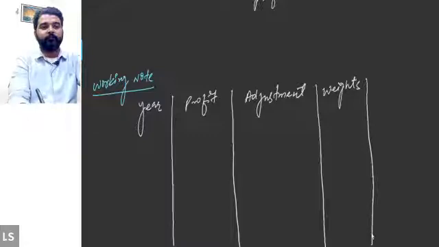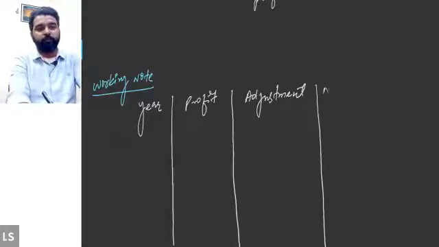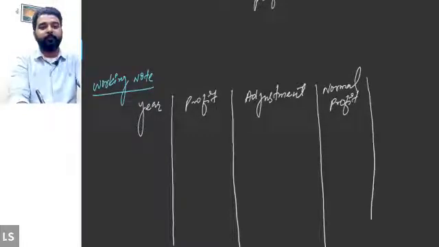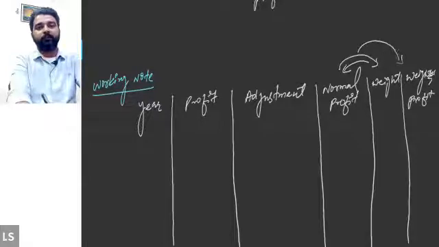And then finally, just a minute, I guess I have missed one column. After doing the adjustment, we will find out the normal profit, and this normal profit will then be multiplied with the weights given in the question. Multiplying the normal profit with the weight, we will get the weighted profit.